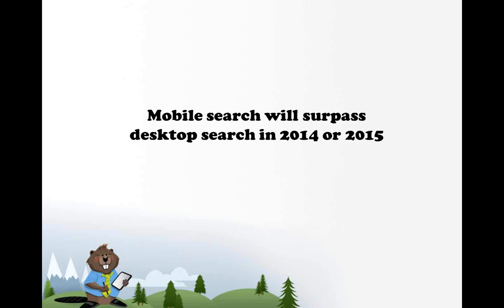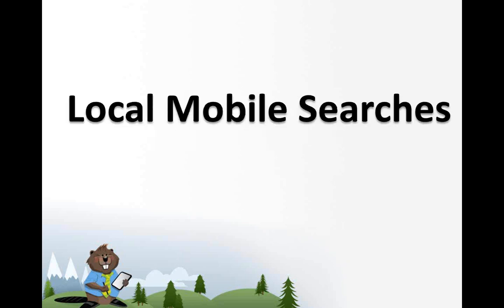So instead of today, where we optimize for desktop and ask what it looks like on mobile, in just the next couple of years it's going to be totally flipped. We optimize for mobile, and then what it looks like on a desktop or a laptop is almost secondary. So that's a major shift and something that a lot of web design and internet marketing firms are trying to scramble to deal with. So mobile search, massive.